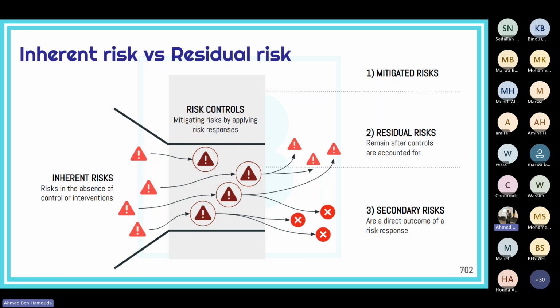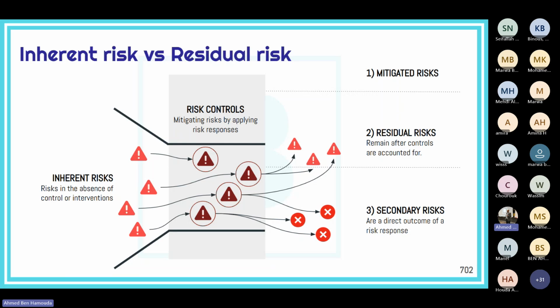Now, other quite important terminologies which we saw last week in the ECO and in the risk guide. We're talking here about inherent risks, residual risks, and secondary risks. Inherent risks are risks which exist due to the absence of any risk management process, control mechanism, or any interventions.